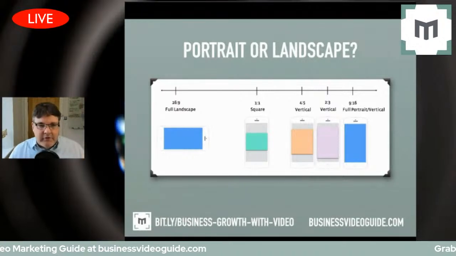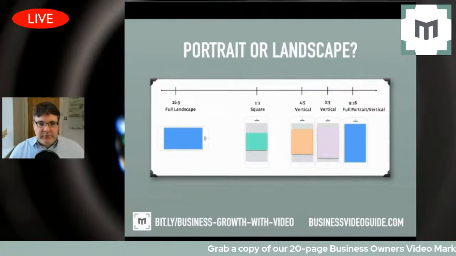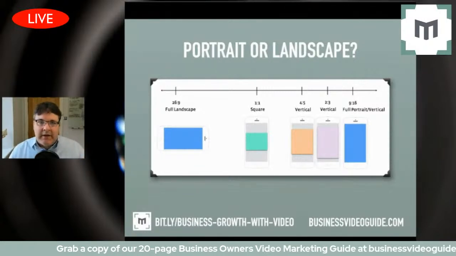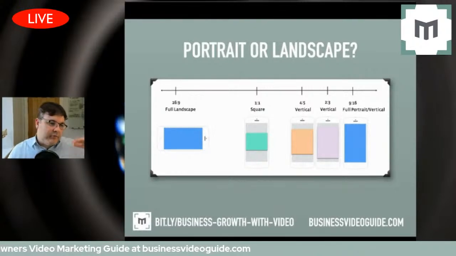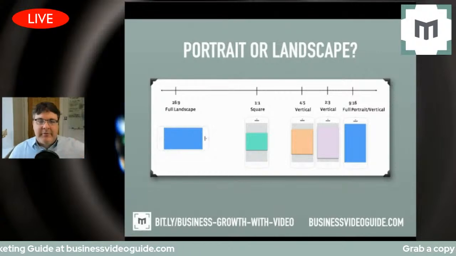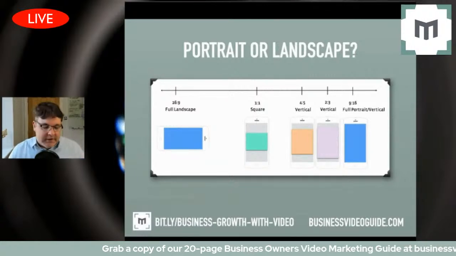Now, in terms of the vertical formats, it depends where your videos are going to end up. I'm not saying never shoot in portrait modes, but obviously if you're shooting for a particular social platform, the confusion is that each social platform, some are happy to have landscape and equally 1:1 square and also vertical, depending on what element of the social platform you're uploading it to.